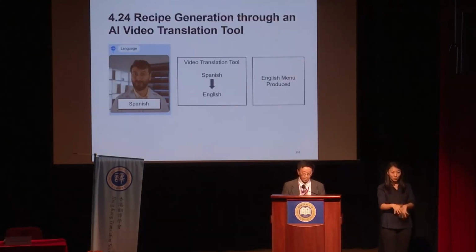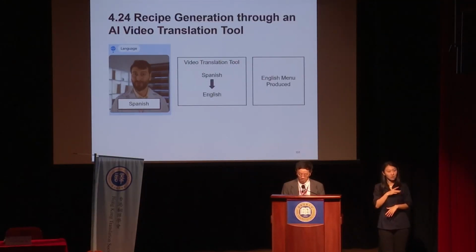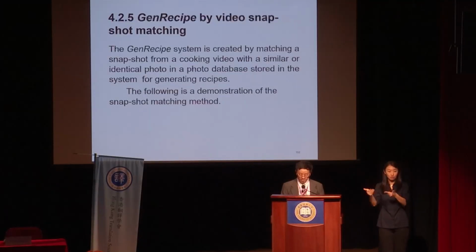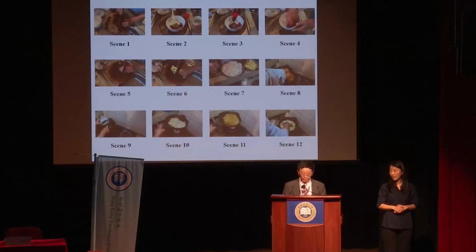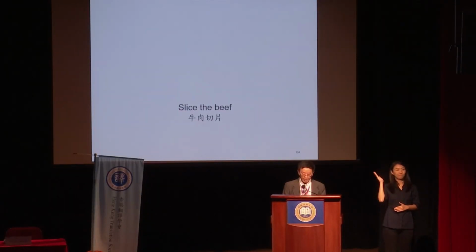You can even use what we call a video translation tool to get something translated into the language that you are familiar with, to produce a menu that you can understand. So this is how the whole thing is done.